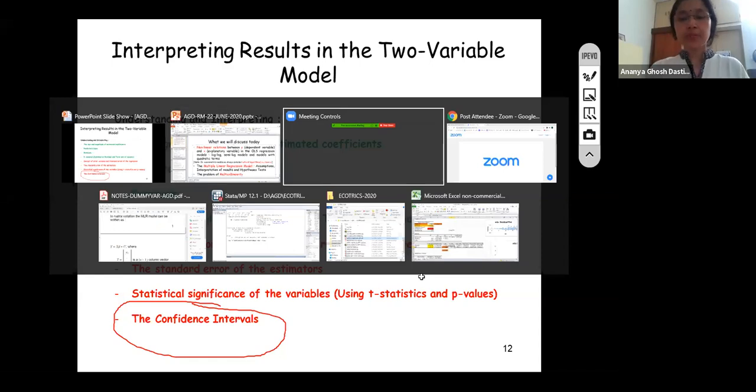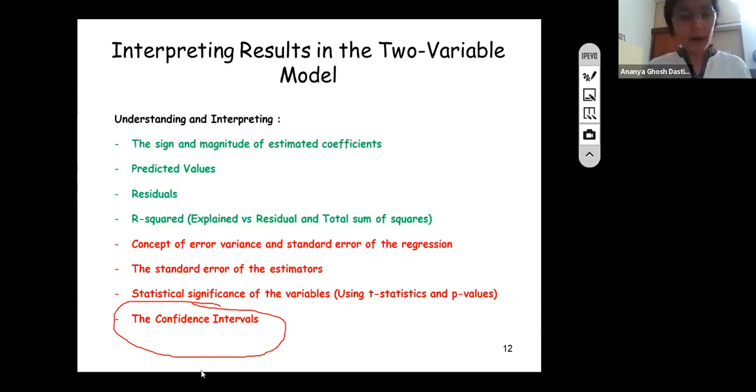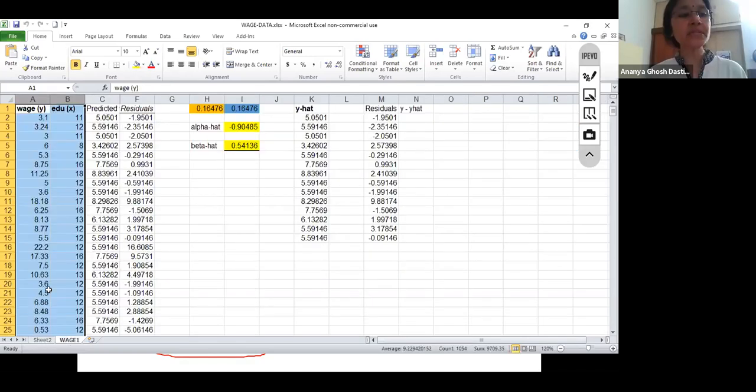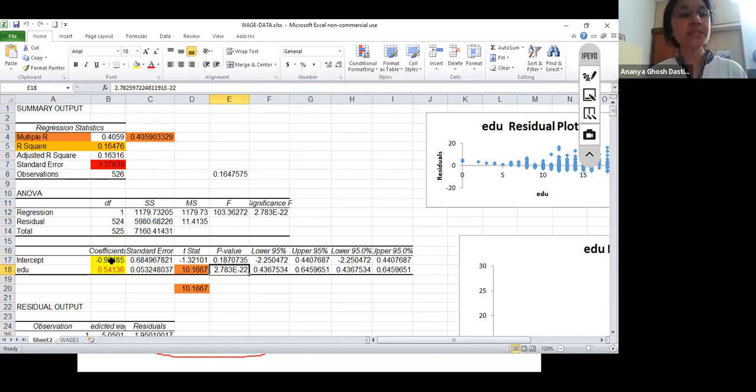So here you are. I'll quickly show you the data. So this was our data on wage and education, and we regressed wage on education, and we got these results. So highlighted in yellow, as you can see, there is your alpha hat, beta hat, and so on. Now I want to begin by talking about the confidence intervals.